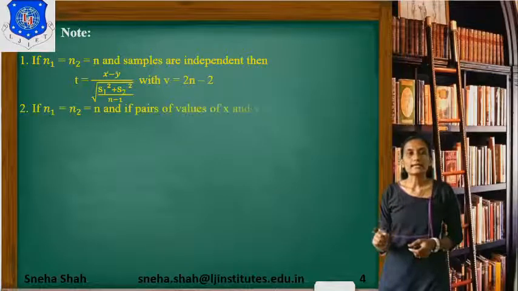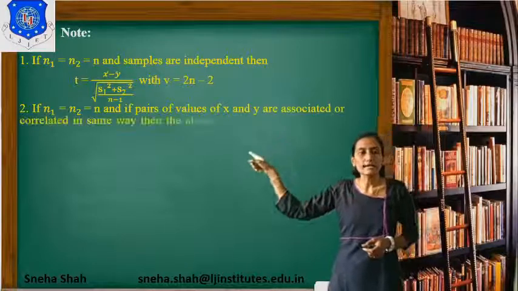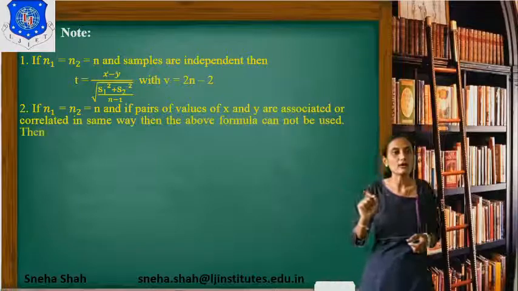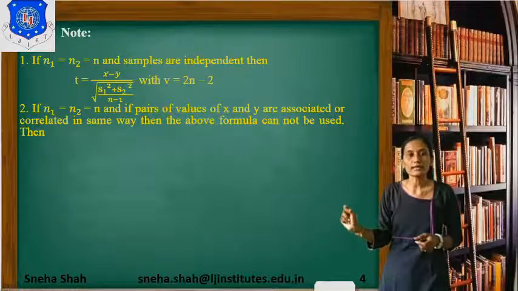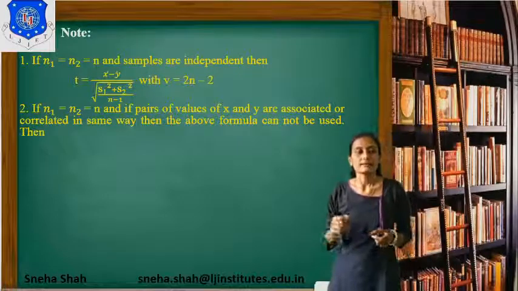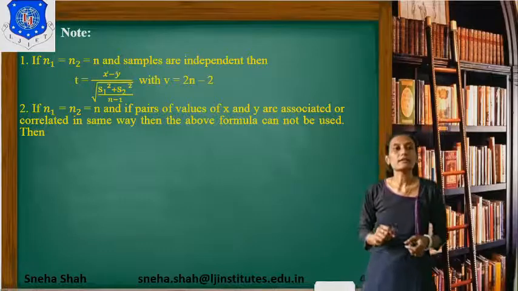Next, if we take n1 equals n2, and if the pairs of values of x and y are associated or correlated in some way, then the above formula cannot be used.